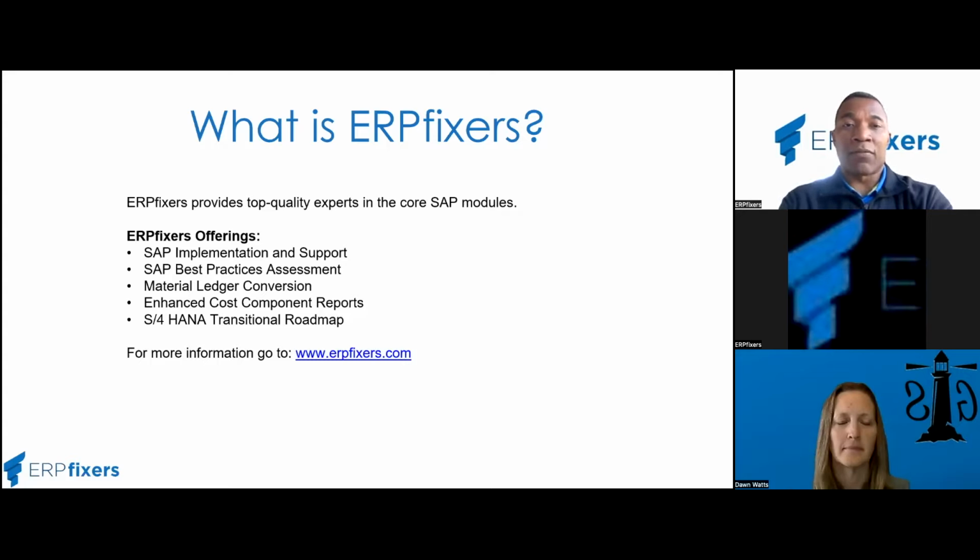We have several custom-made product cost, cost component, and actual costing reports, which are not available in S4 or ECC. And nowadays, everybody's gearing up for S4HANA, so we help guide customers on the roadmap: what is available, what is going to be sunset, and what they need to do to prepare beforehand.